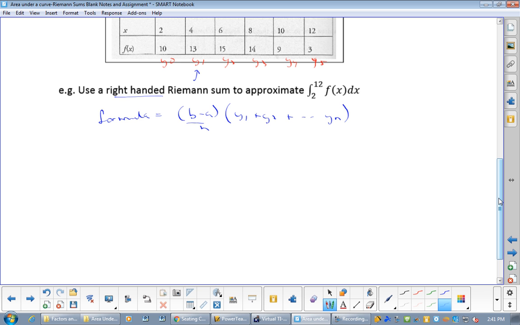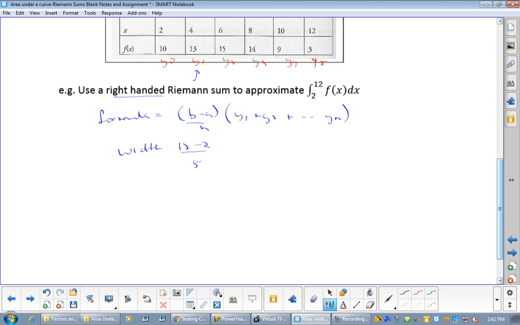Our width is (b minus a) over n. Okay, so we have 5 as our n, and it's 12 minus 2, which is 10, over 5. Okay, so there's only 5 rectangles.